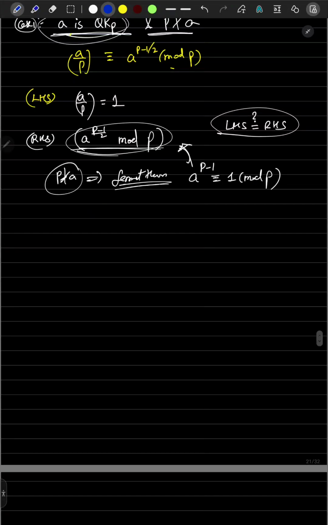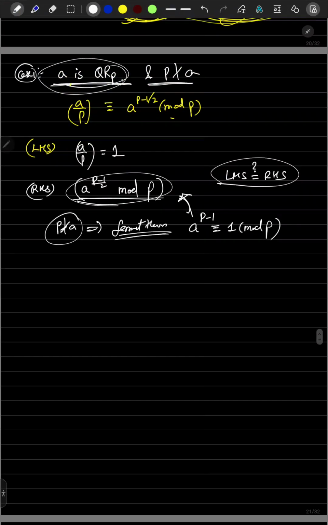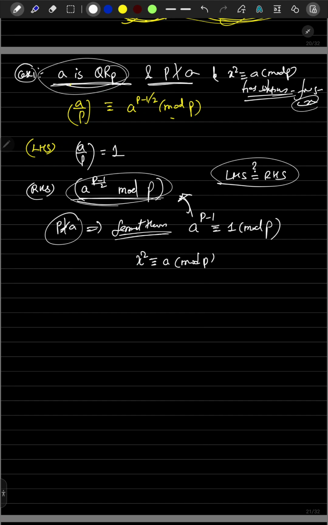One more thing: whenever we say A is a QR mod P, in the background you have to recall that this equation has a solution for some x. So I can write x^2 is congruent to A mod P. Now consider this equation.